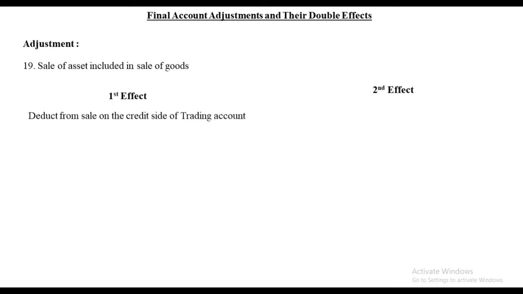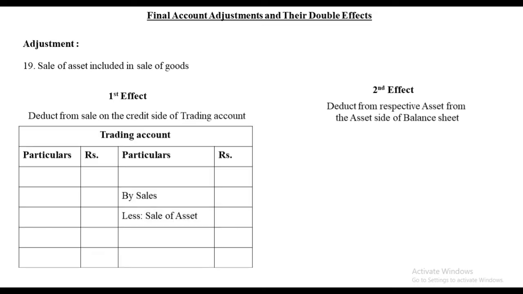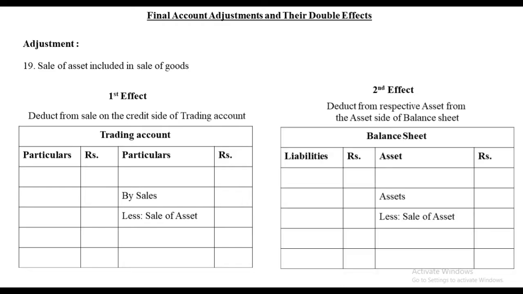And second effect, it will get deducted from the respective asset on the asset side of the balance sheet. So the first effect will be on the credit side of your trading account: it will be by sales less sale of asset. And the second effect on the balance sheet asset side, it will be the respective asset minus sale of asset. That's adjustment number 19.